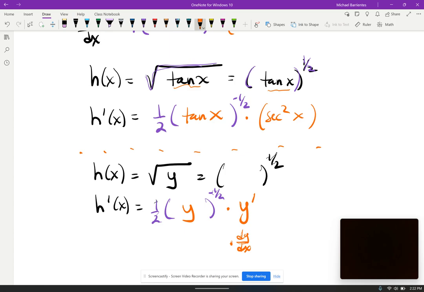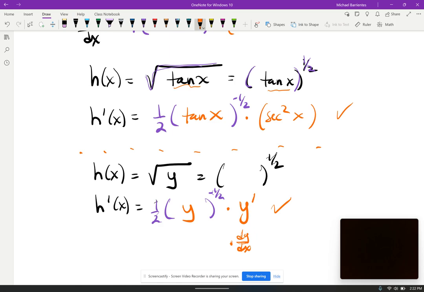But that's the same situation that we did here, right? These two are following the same rule. And that's what implicit differentiation is going to tell us, that sometimes we don't have the inner function, or my equation might not be in terms of y equals something. I might have x's and y's mixed up.